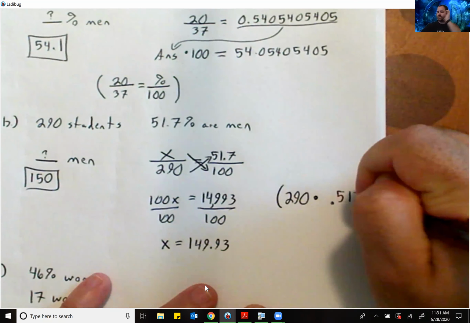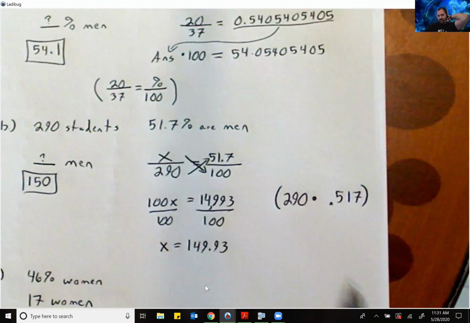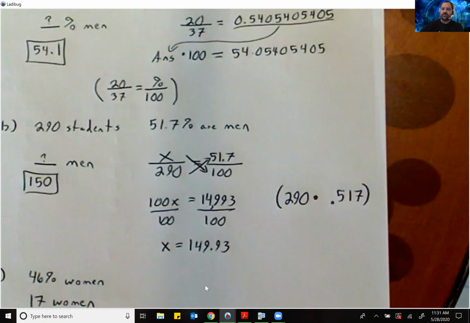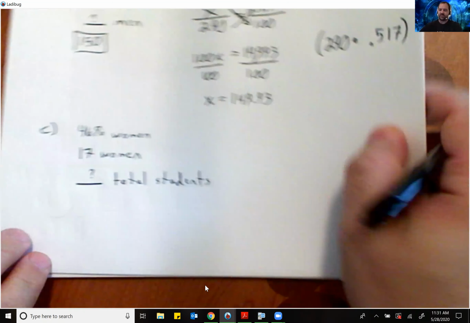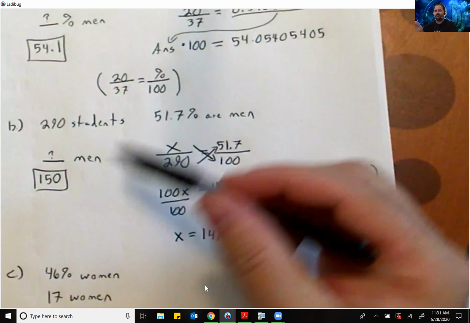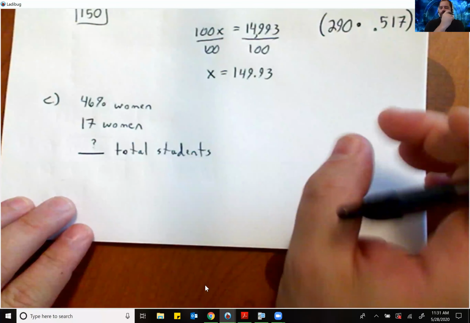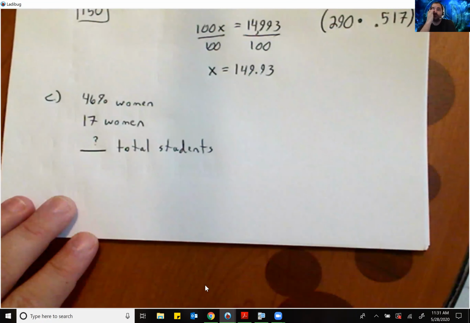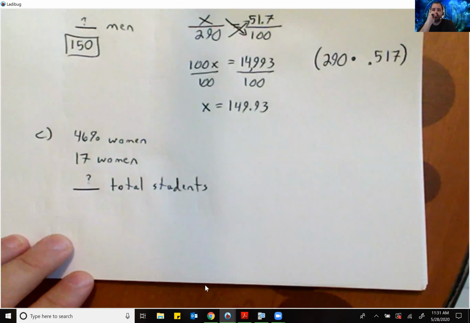You could have also done that to get to this answer. It's just another way of doing it. But my rule of thumb for these three, I always just use proportions. Keep it consistent. All right, so how do we do this? What do you think?